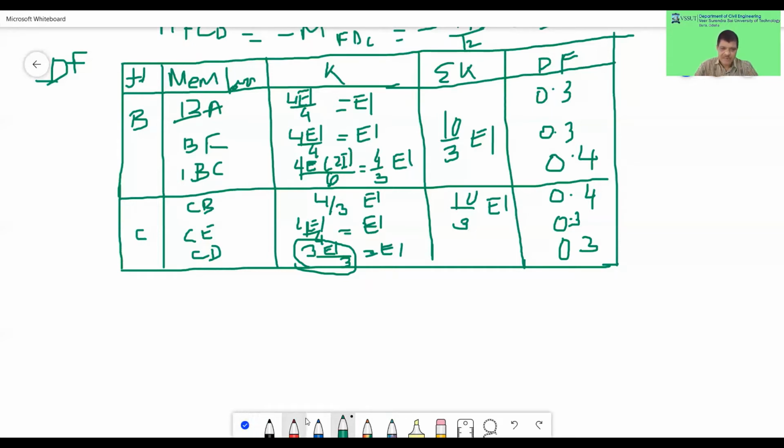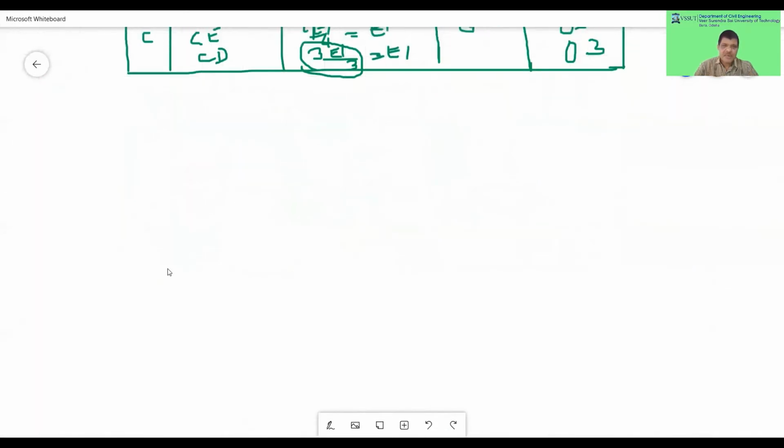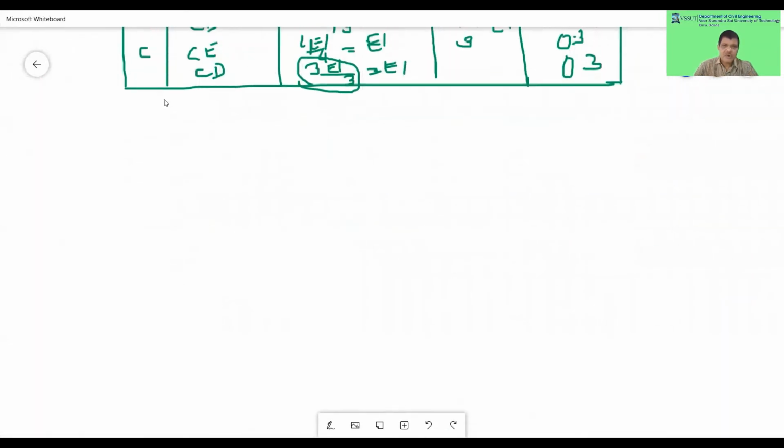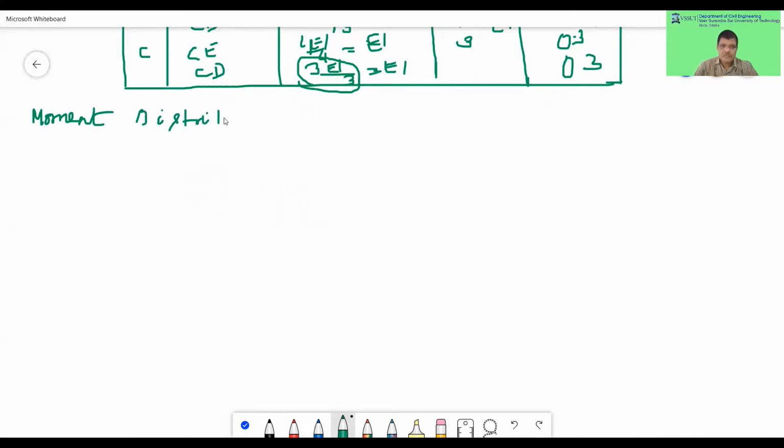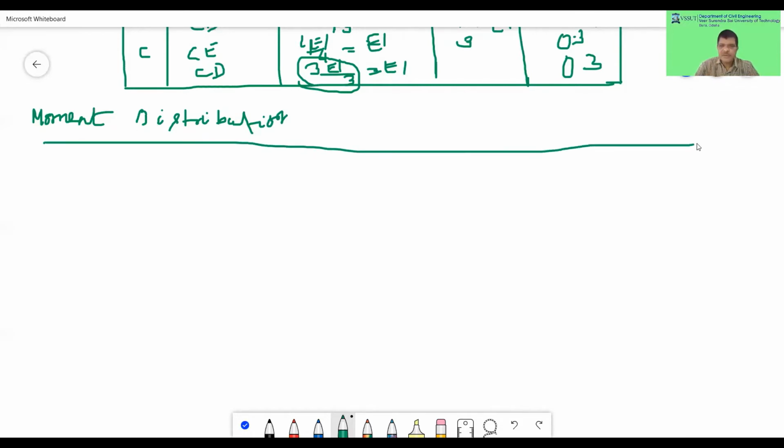Once you have these values, go to your moment distribution table. Now you can calculate the moment distribution. So you have to do this moment distribution. Draw this table for moment distribution. First are the joints.